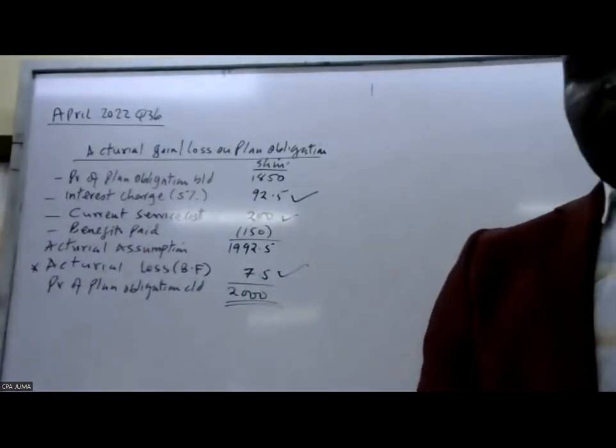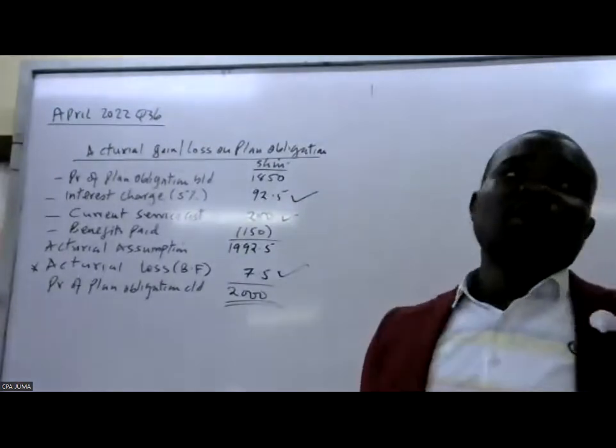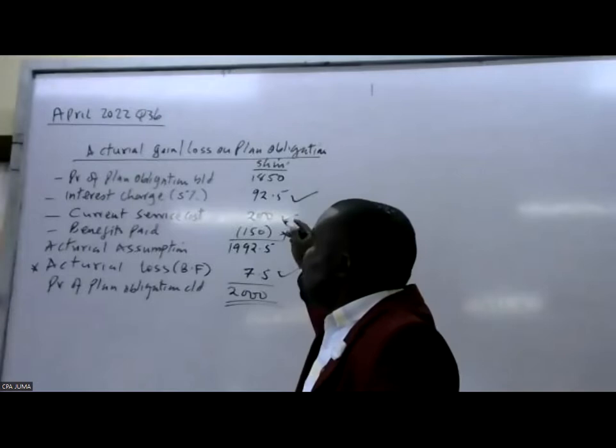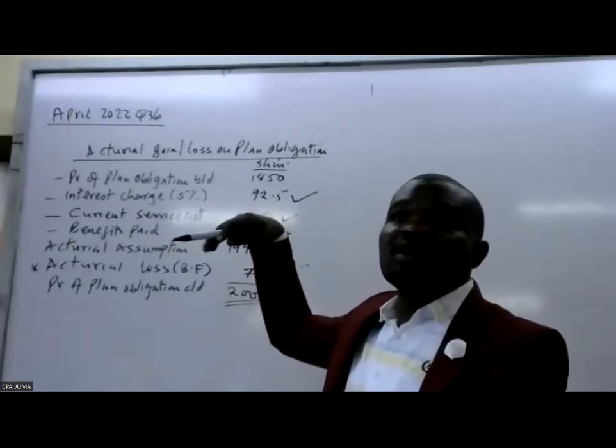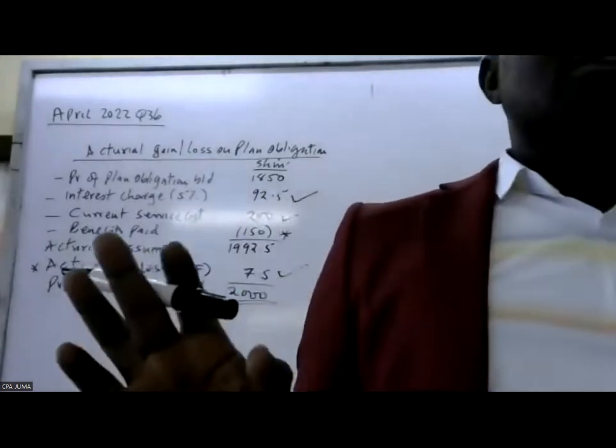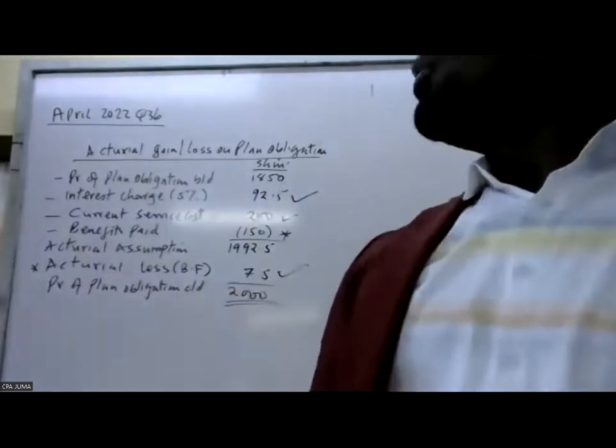So those are the elements, but we can do an extension of this. Benefits paid, and there was also contribution somewhere. So we can do an extension, but ideally those are the elements. So write for me there, benefits paid.